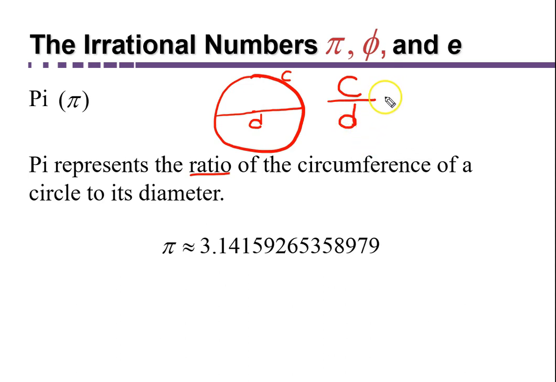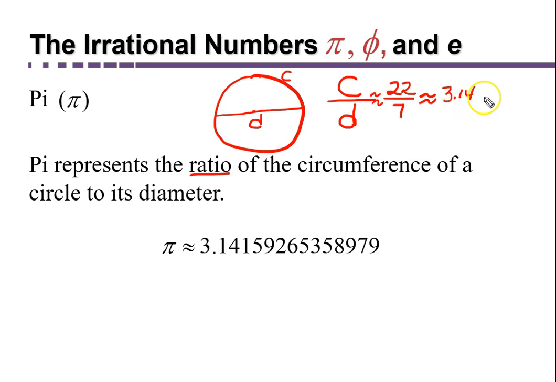And there are a couple of other relationships that we indicate, like 22 sevenths is one that approximates pi. You'll see that sometimes. And these are just approximations here. 3.14 would be a decimal approximation.